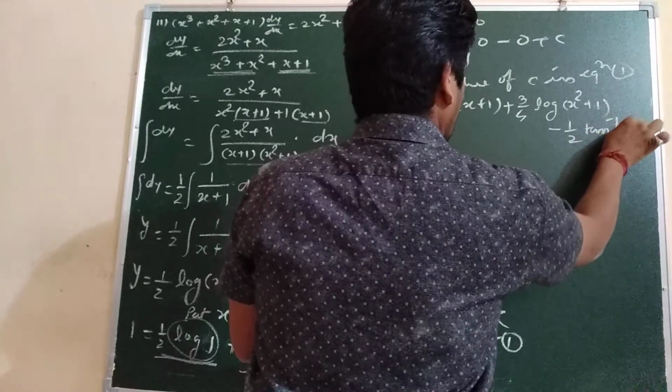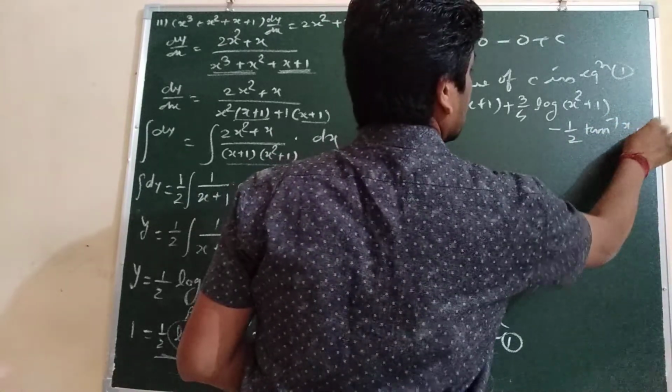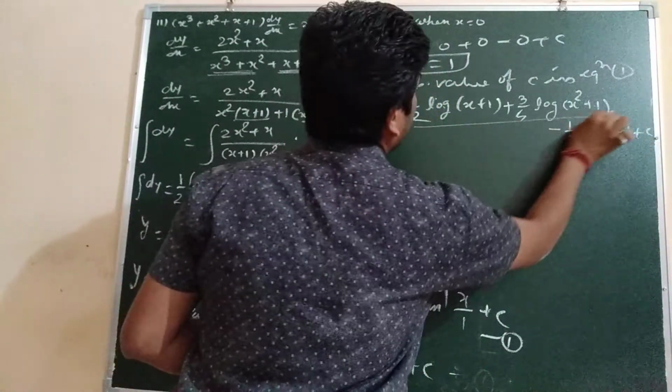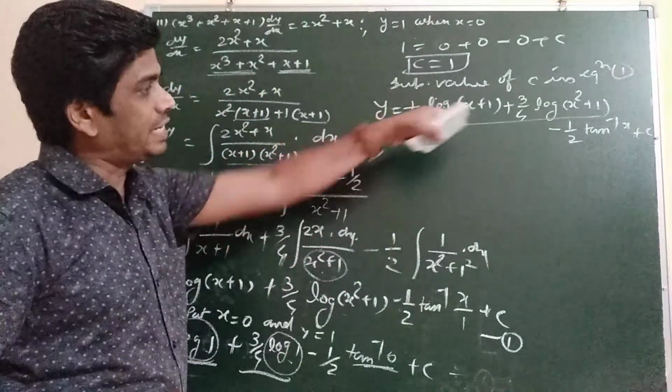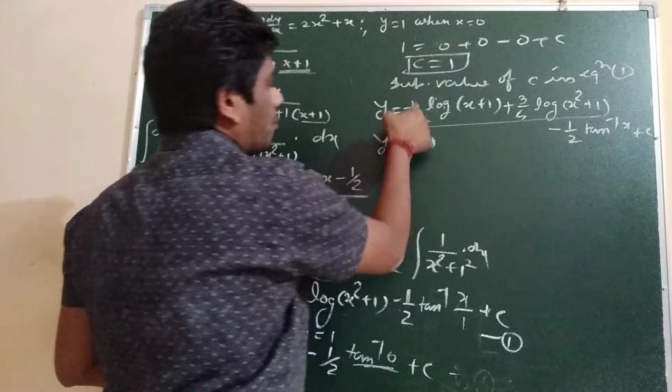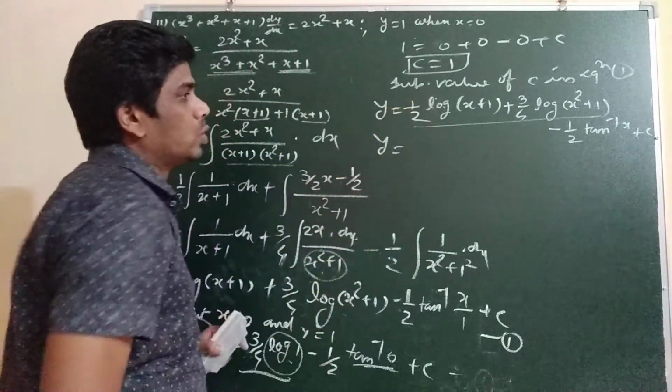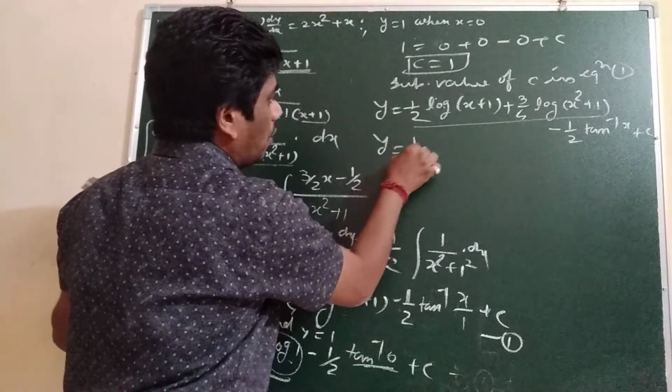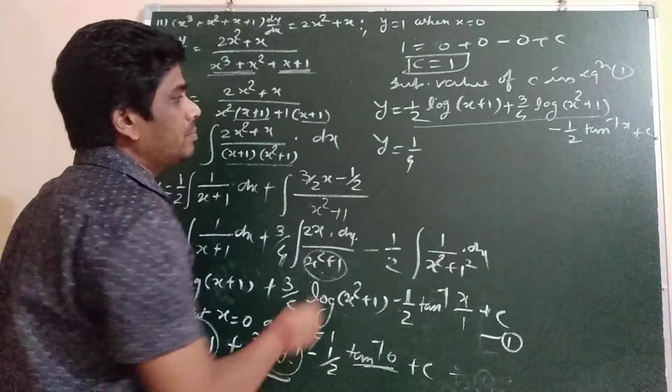And minus 1 upon 2 tan inverse x plus c. So from both the terms 1 upon 4 we can take common, because this is 3 upon 4 and 1 upon 2, so we will get here 2. It will be easy. So 1 upon 4 we will take common from both the terms.